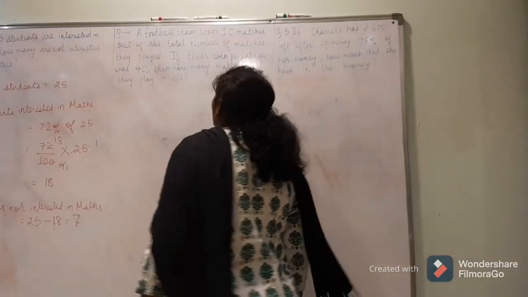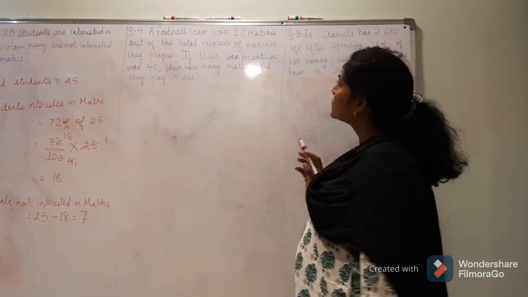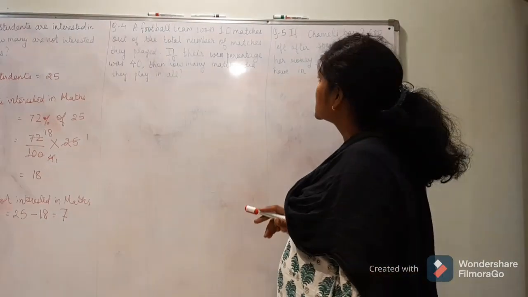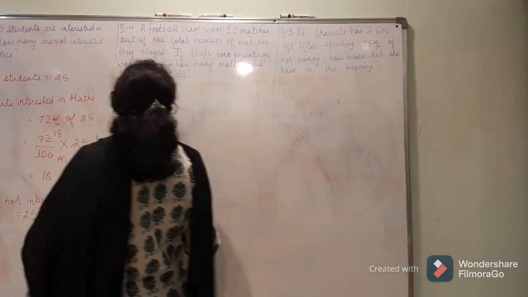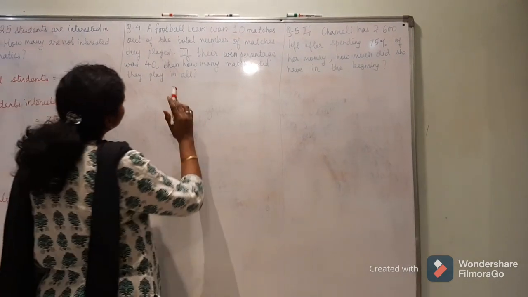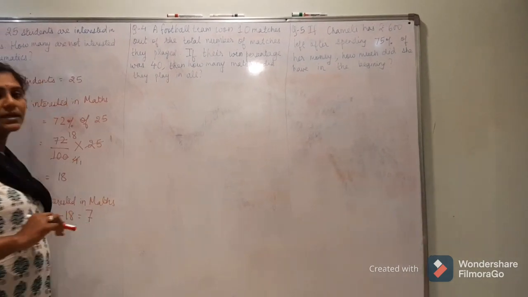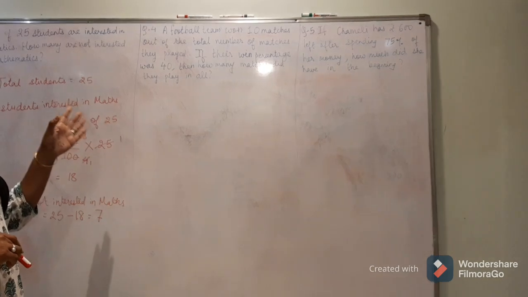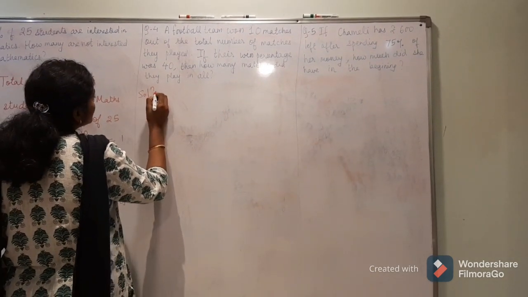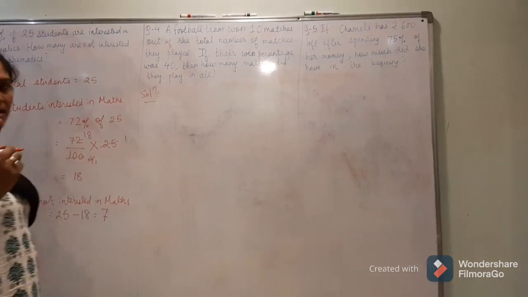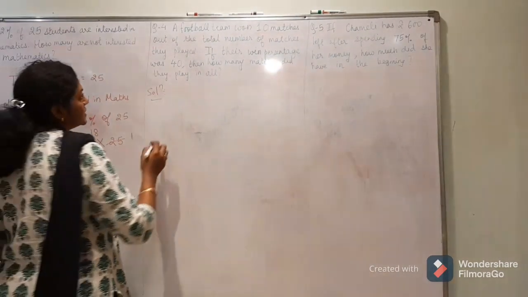Now question 4. A football team won 10 matches out of the total number of matches they played. If their win percentage was 40, then how many matches did they play in all? So you know the number of matches they have won.